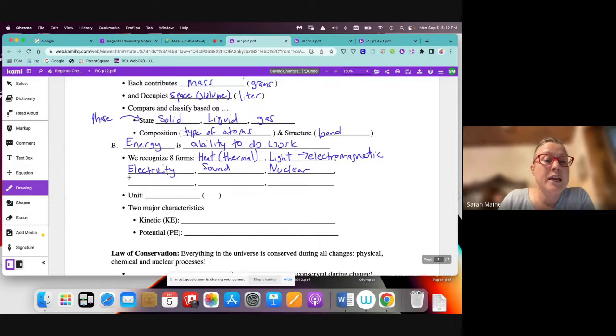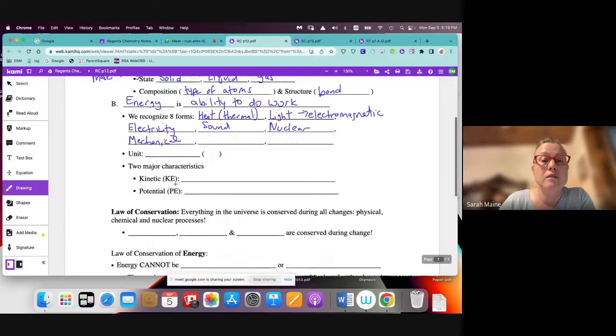We have mechanical energy. We have magnetic energy. And probably one of the most important forms of energy, but you might not realize that it is also considered a form of energy, is chemical energy.